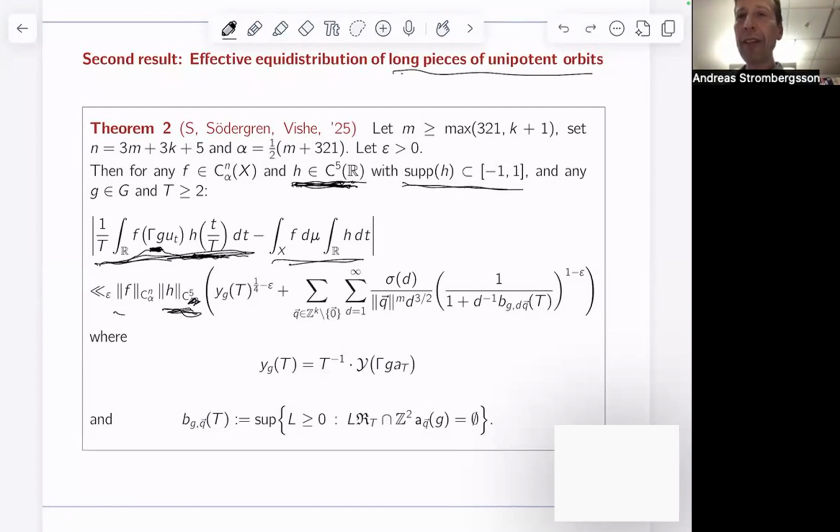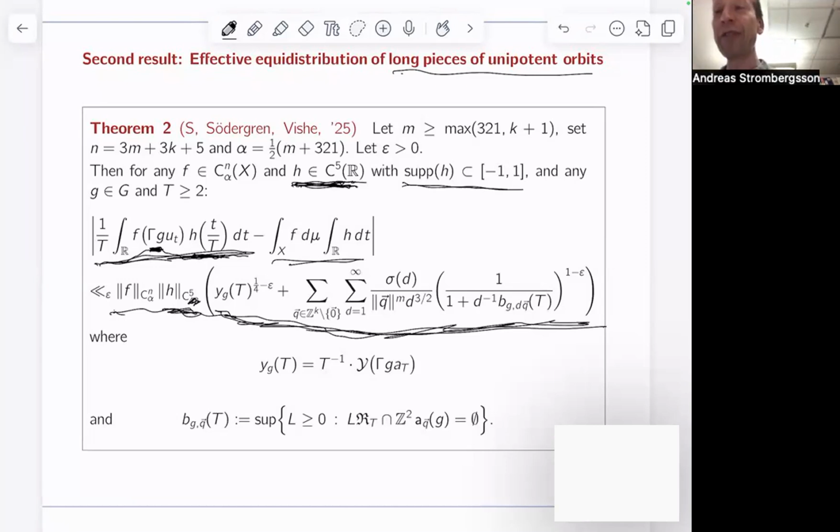So here we fix a point gamma G, and the result states that under favorable conditions, this long complicated expression that I will soon explain tends to 0 when capital T tends to infinity. So it gives us that this smooth ergodic average tends to the volume average. And here I wanted to explain the notation. Again, it's kind of nice.